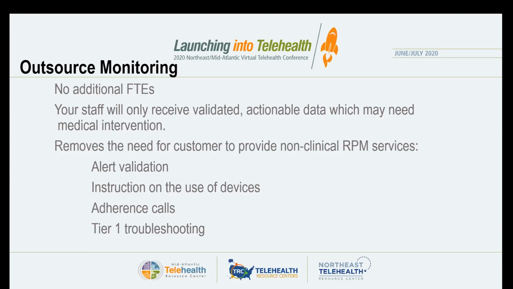Can you open the back of that blood pressure meter and pop out that battery and put it back in? So all of these things, alert validation, instruction on the use of devices, adherence calls, and tier 1 troubleshooting, have to be done as part of RPM, and really an RN doesn't need to provide those services. So that's just another area to think about.